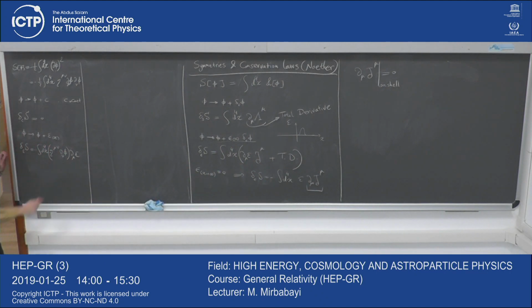And what multiplies the derivative of the epsilon, we decided to call that J mu. So now here J mu is nothing but minus eta mu nu d nu phi.